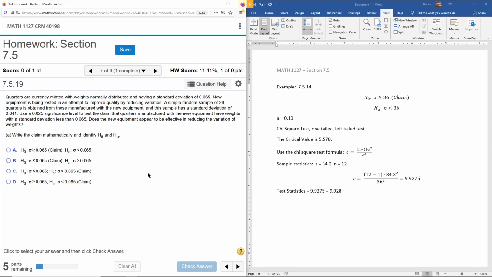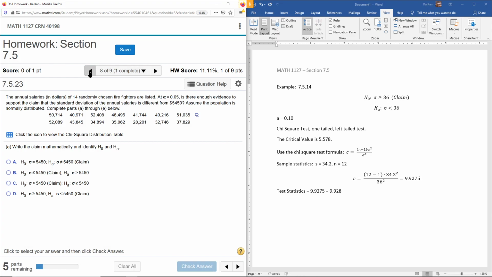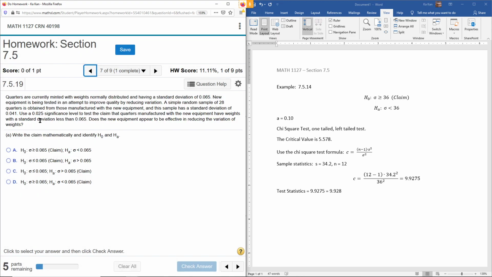Now, let's look at number 8. Number 7 is the same thing. If you look at number 7, we have a 0.025 significance level, random samples of 28. It's just a wordy problem, but they still have the standard deviation. This one right here is 0.065.